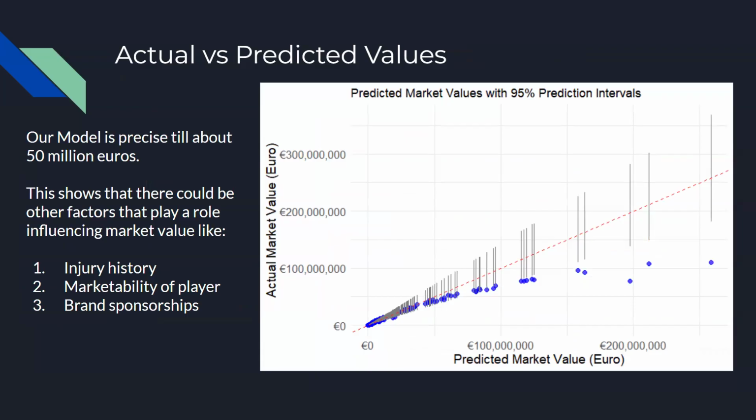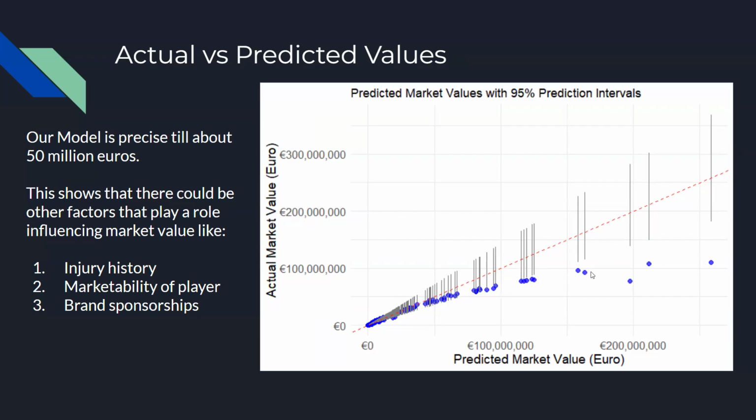So based on this, we have our model, and these black bands represent the confidence intervals. We can see that up to 50 million euros, our predicted value from the model as well as the actual market value is pretty close. But after 50 million, there is a deviation, a negative deviation.